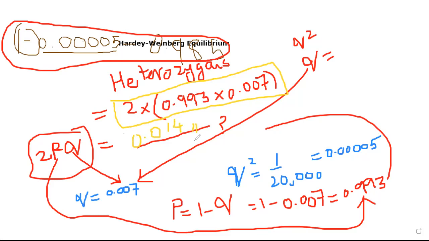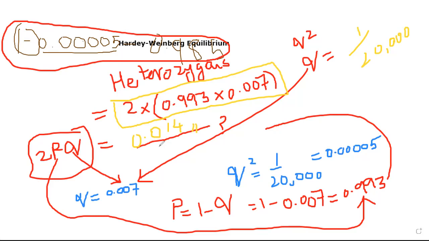Now, if I ask you a question, how many individuals are homozygous dominant? How will you find out? Now you will be talking in numbers. We already know 1 upon 20,000 were homozygous recessive. Now, can we use this data to figure out how many individuals will be?